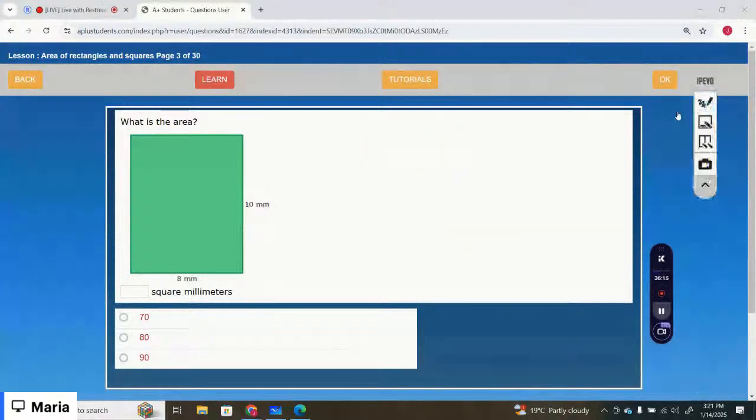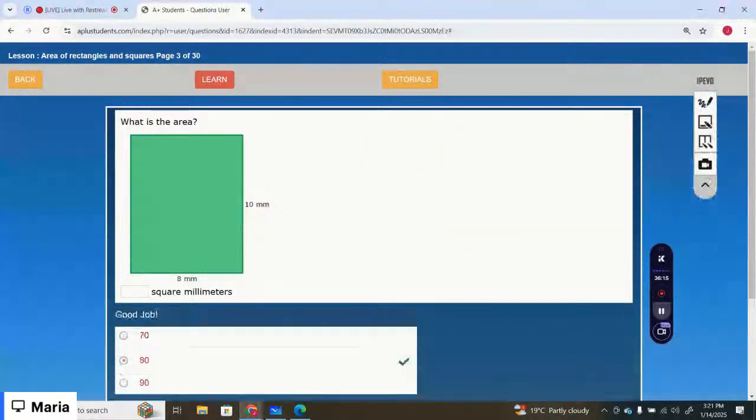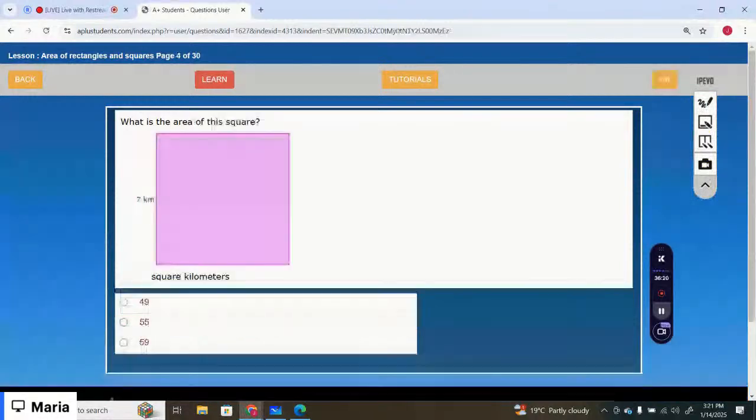The correct option is option number 2, that is 80 square millimeters.